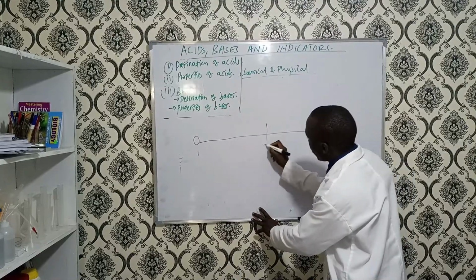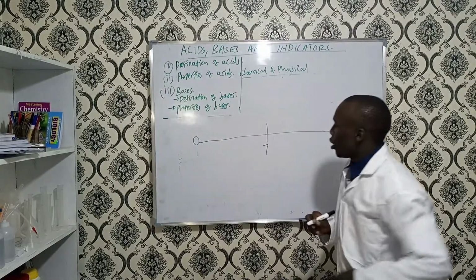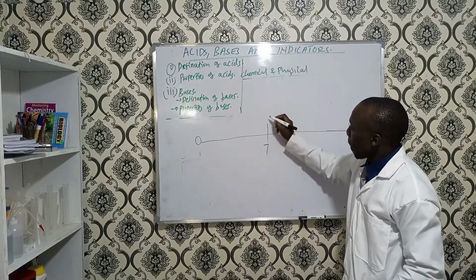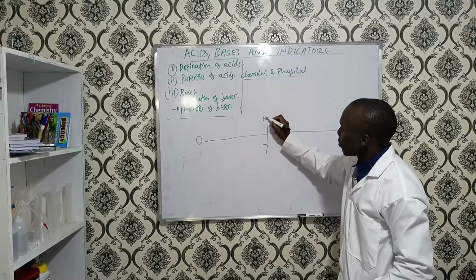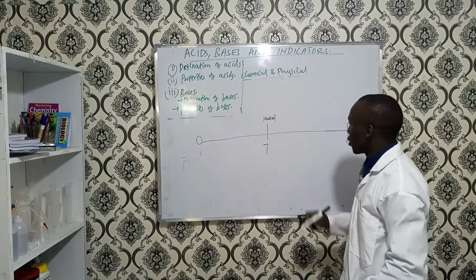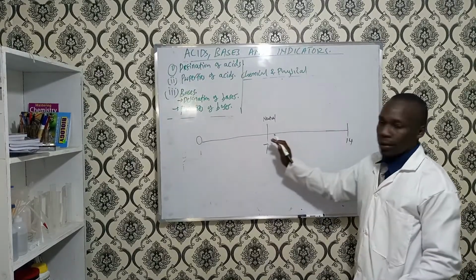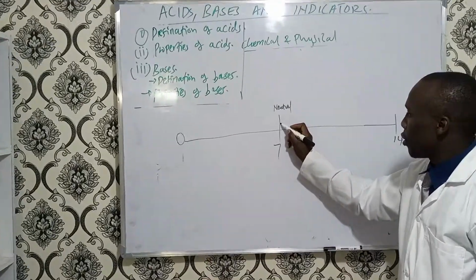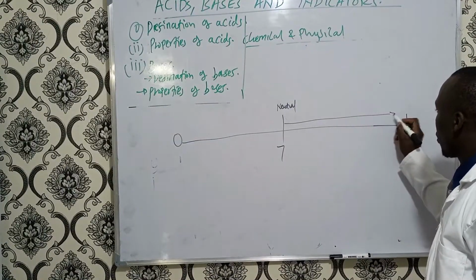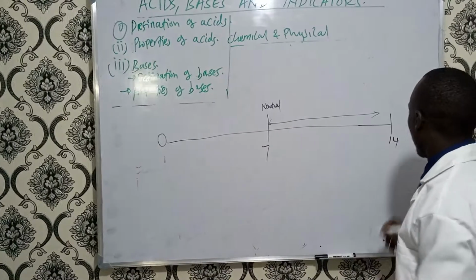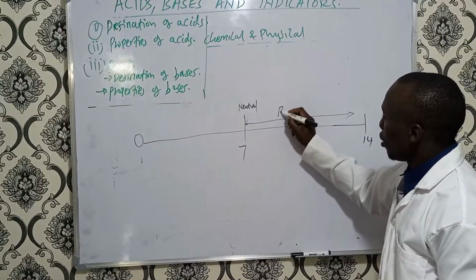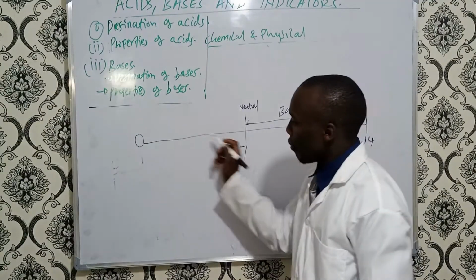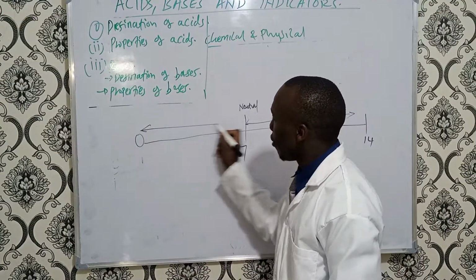We know those substances which have a pH of 7 are neutral. Any substance that has a pH of more than 7 is a base. So between 7 and 14 we have bases. Between 0 and 7 we have acids.